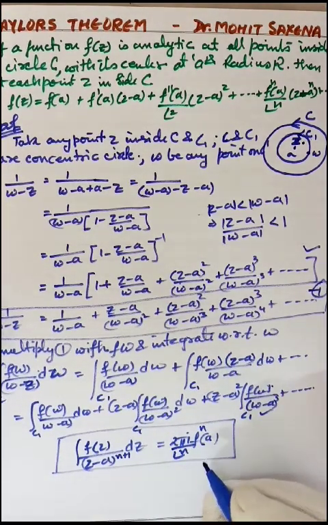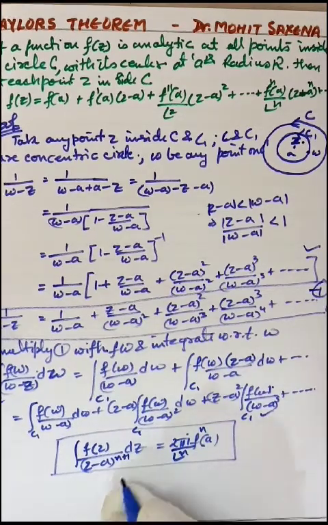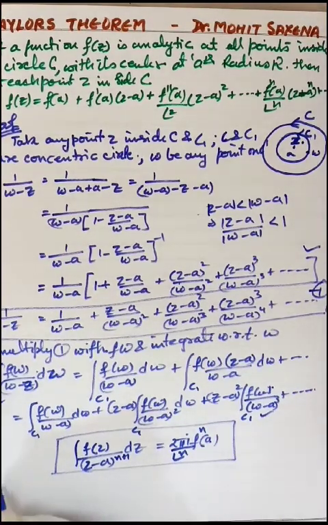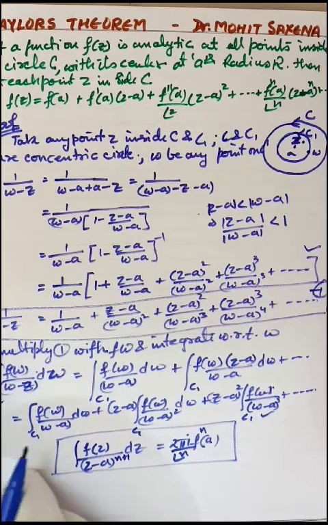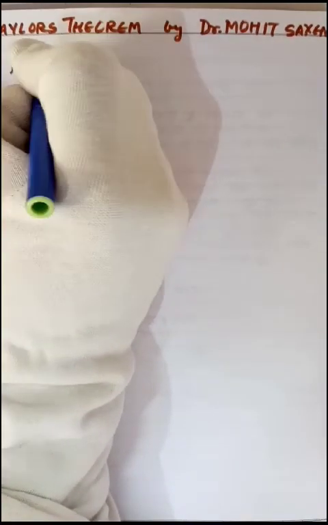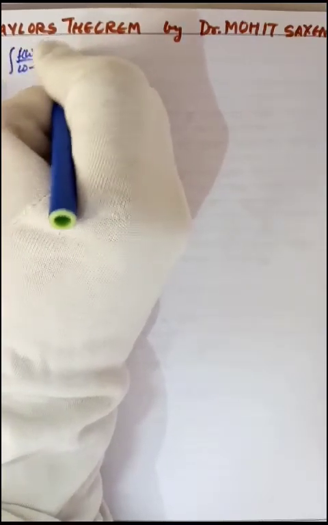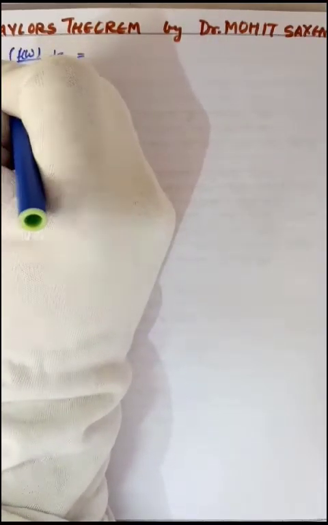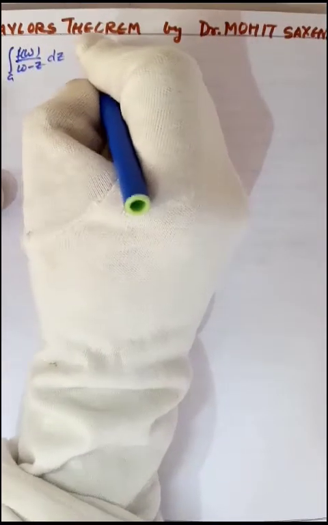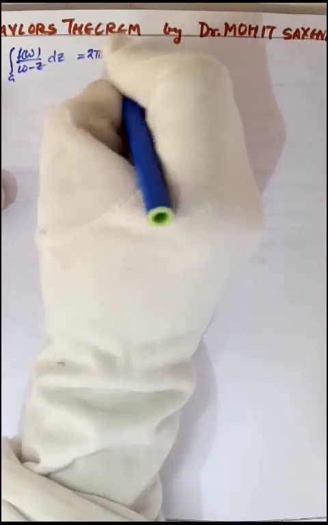If we use this particular formula, we would get values of our expansion as follows: integral f(w) upon (w minus z) dw over C1 would be equal to 2 pi i times f(z).